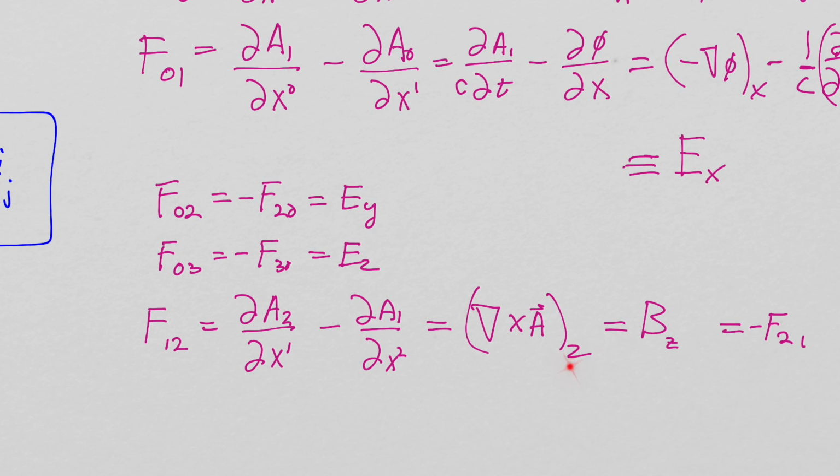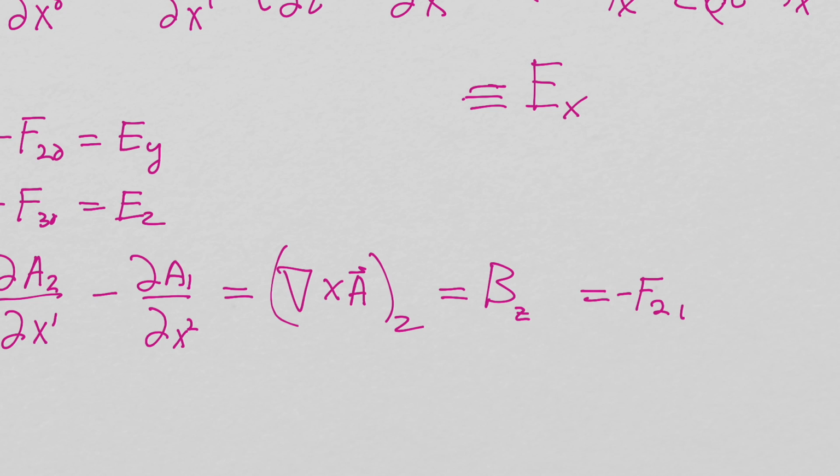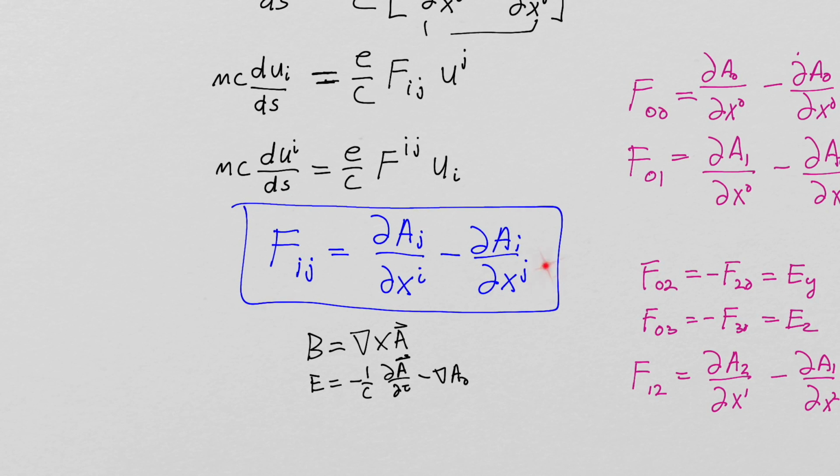And you realize that that's the z component of the curl of the spatial part of the 4 potential. And that is the definition of the magnetic field in the z direction. And again, you see antisymmetry. So that is how we end up with an expression for the electromagnetic field tensor.